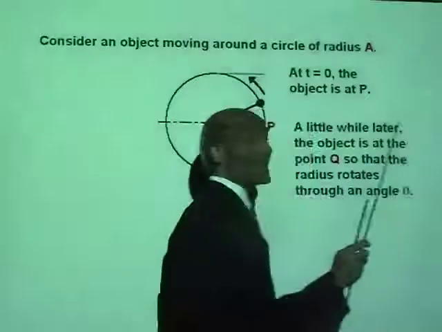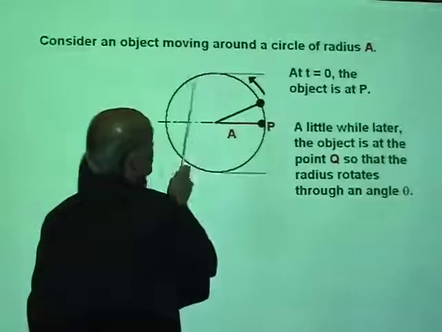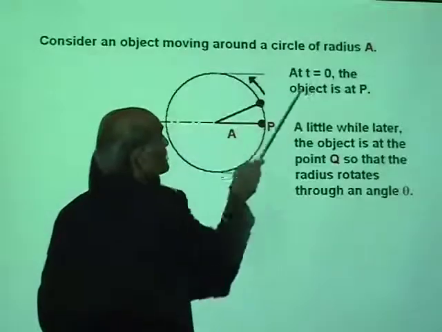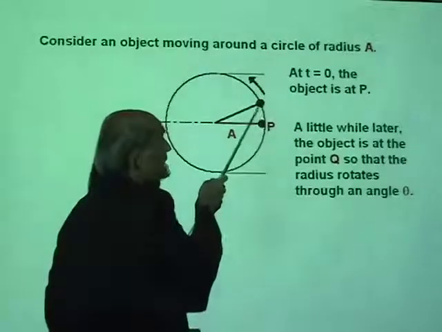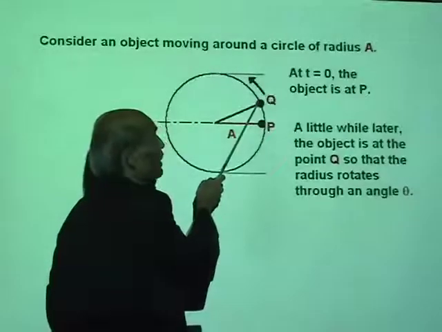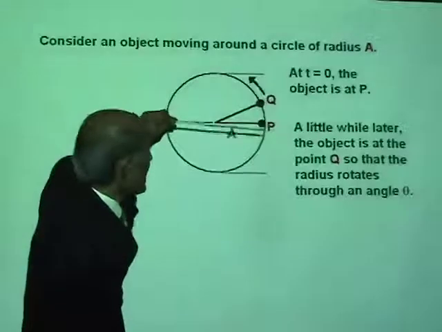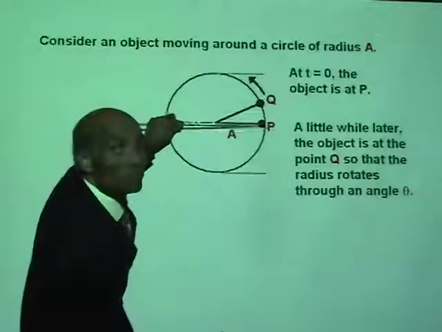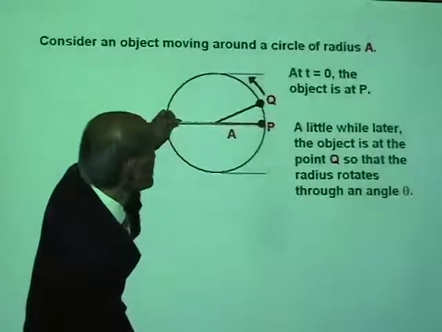A little while later, the object is going to move around the circle. At t equal to 0, the object is at P. A little while later, it is at point Q. I want you to watch here, as the object moved from position P to position Q, what happened to the radius?